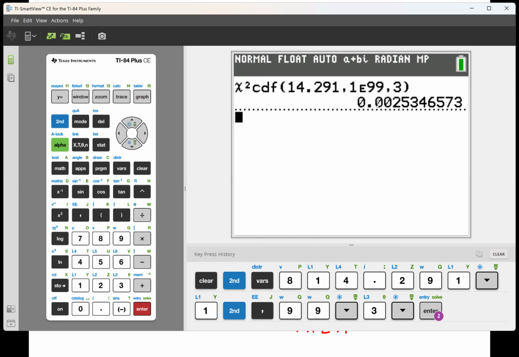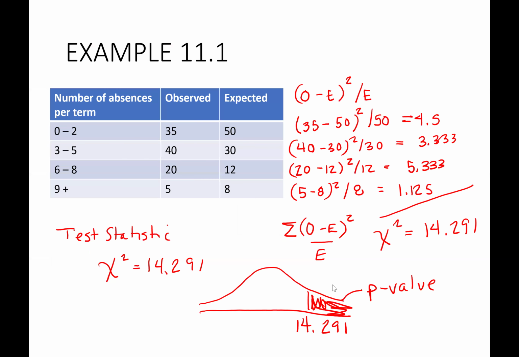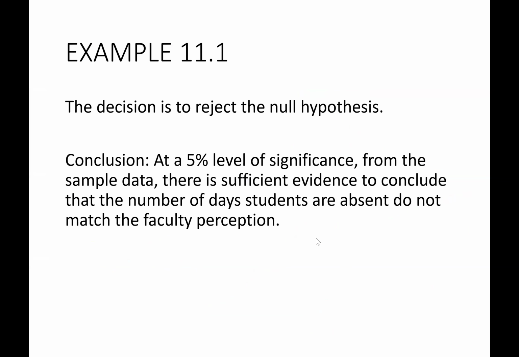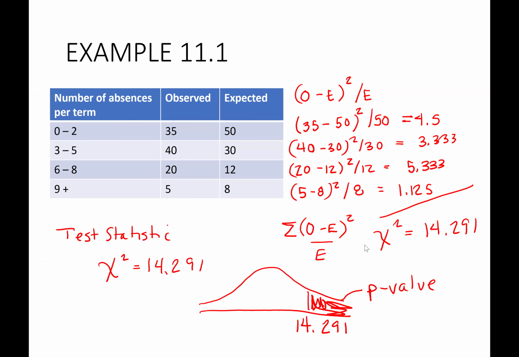So that is the p-value. The p-value is 0.0025. That's a really low p-value. If the p is low, the null must go. So we're going to reject the null hypothesis.